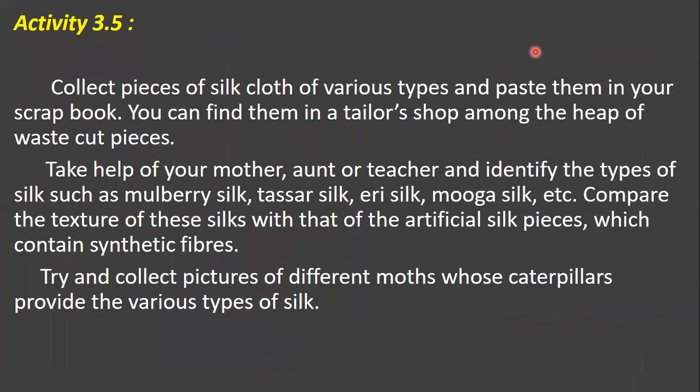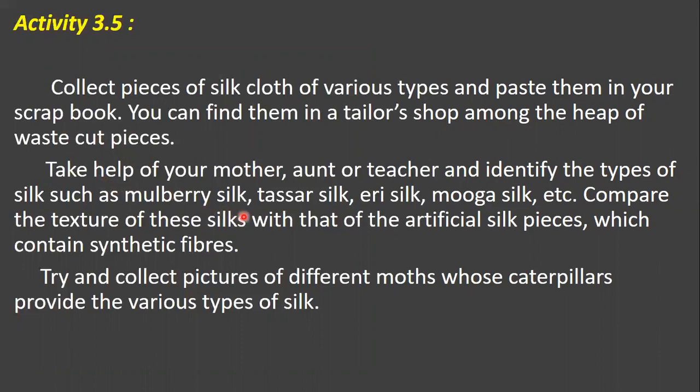See, children, here there are some activities you have to do in your home. First, you have to collect some pieces of silk cloth of various types and paste them in your scrapbook, and you can find them in a tailor shop among the heap of waste cut pieces.